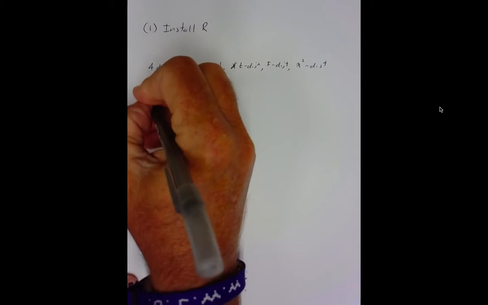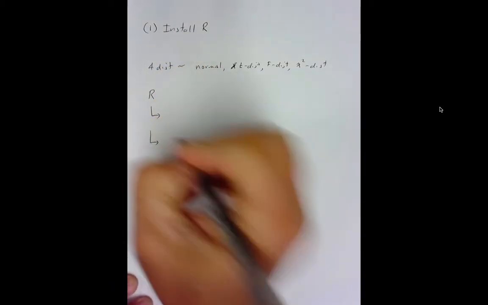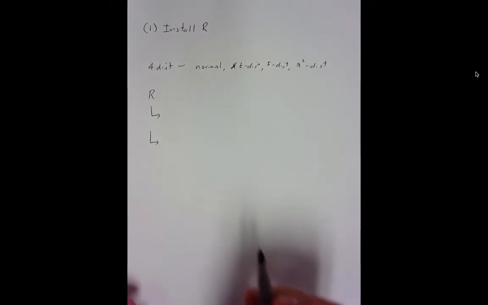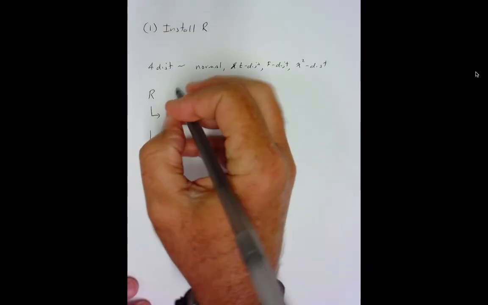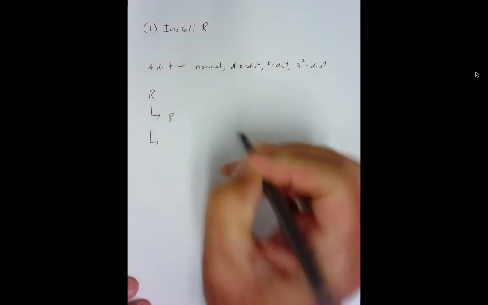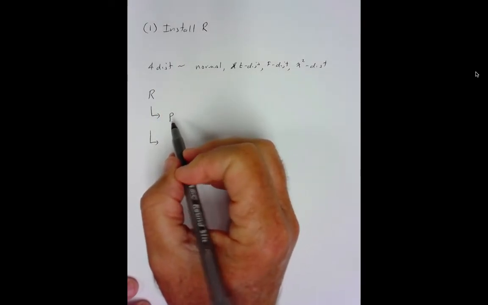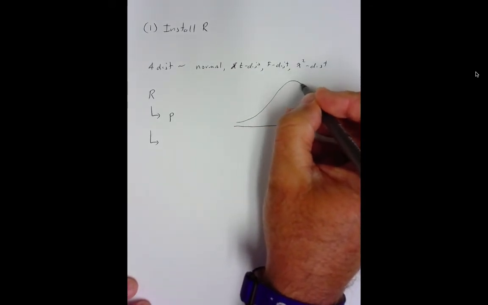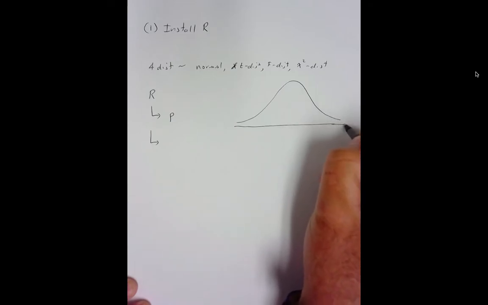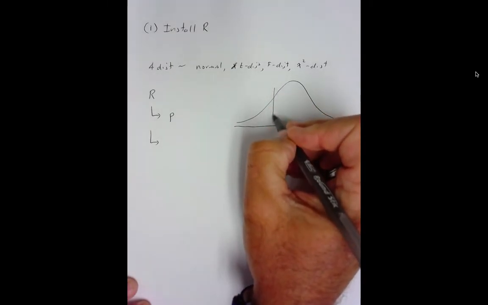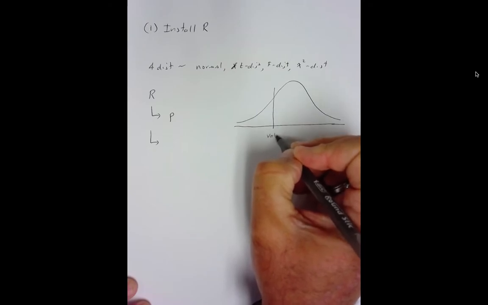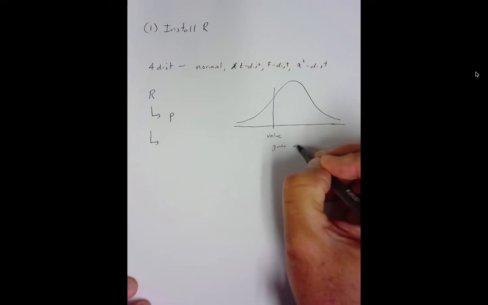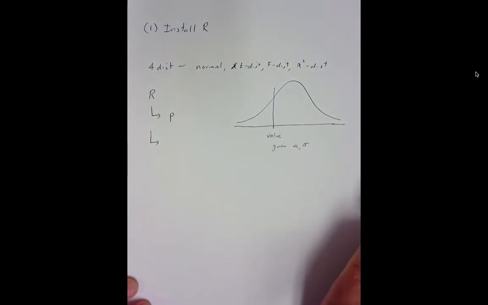Now, in R, we have two functions that allow us to do kind of opposite operations. We have what's called a P function. What a P function does is it finds the probability or the proportion of the area that's shaded to the left of a particular value, given a mean and a standard deviation.